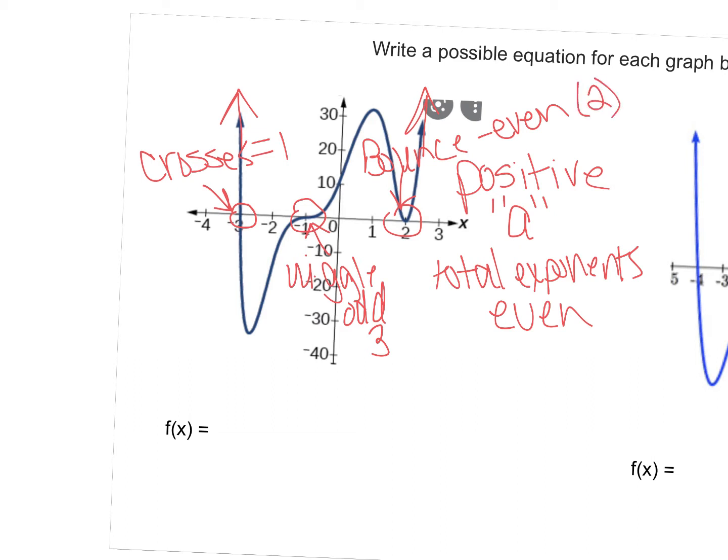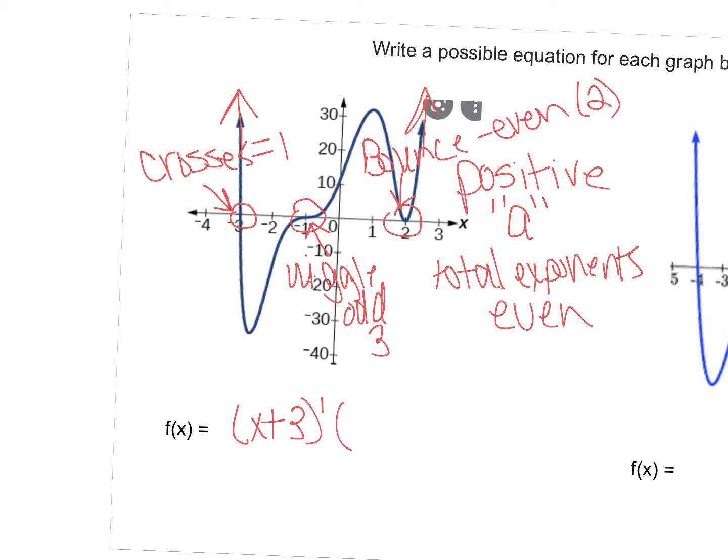So then when I go to write my equation, remember if we say that it crosses at -3, that means my factor is going to be x plus 3. My exponent that goes along with it, in this case, is going to be 1. You can either write the 1 there or you can just leave it off.